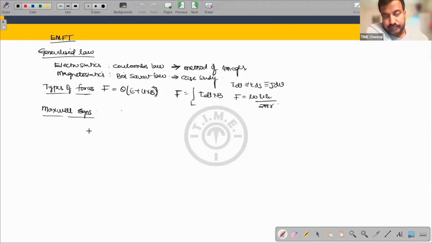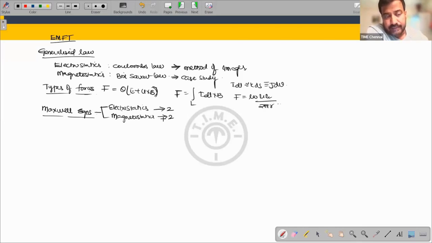As you know, there are two Maxwell equations in electrostatics and two Maxwell equations in magnetostatics.